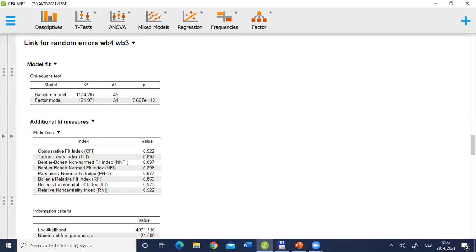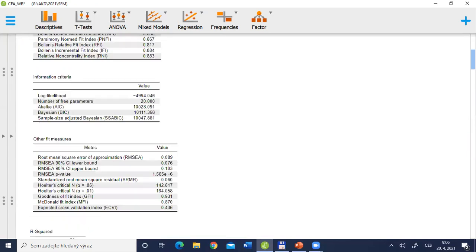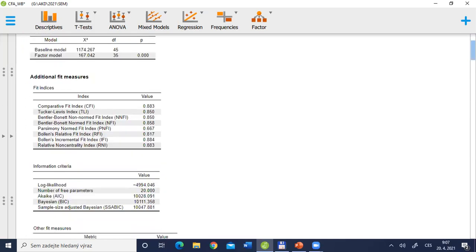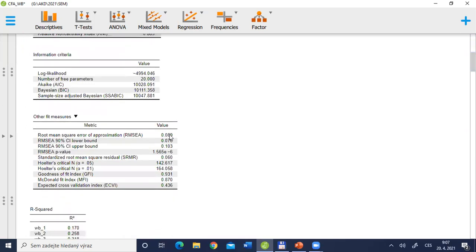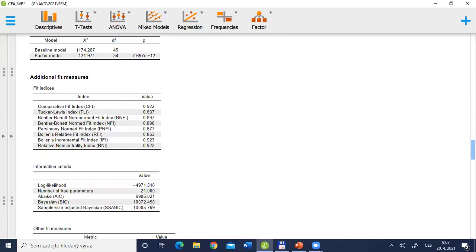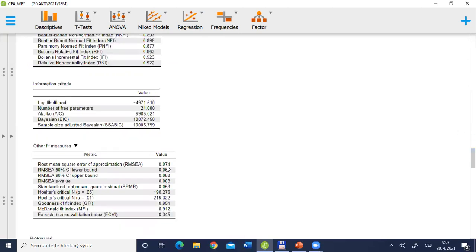If you compare the previous values of CFI, TLI and RMSEA, here 0.883, 0.85, and for RMSEA 0.089, with the values for our slightly modified model, 0.922, 0.897, and for RMSEA 0.074, also SRMR approximately 0.05.